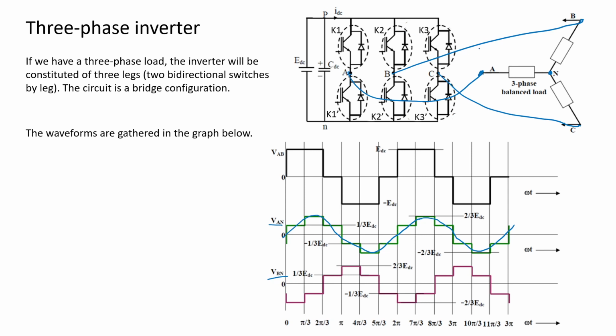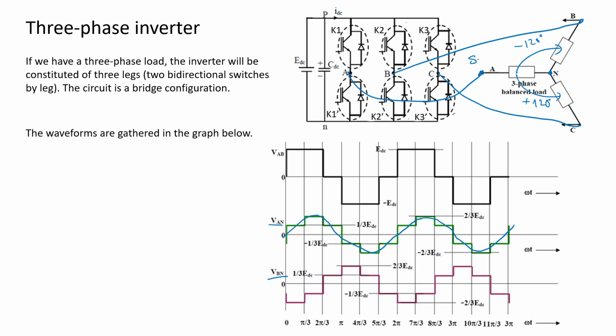Or you can say from A to B minus 120 degrees, and from A to C plus 120 degrees, like this.